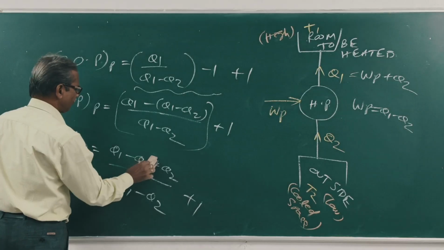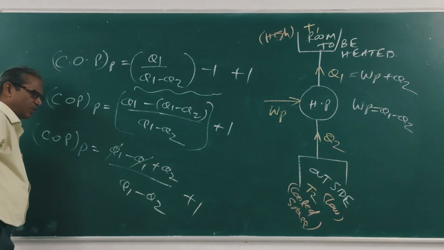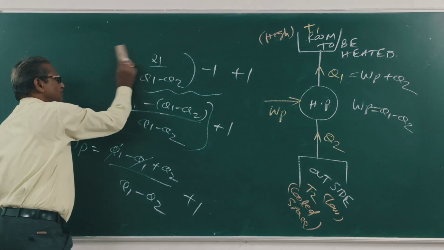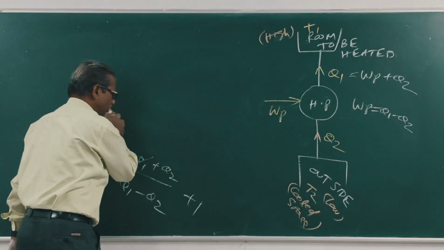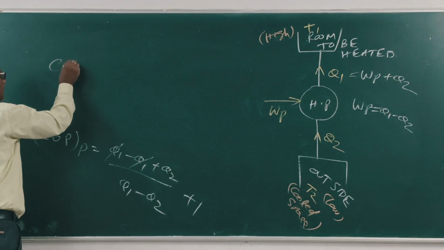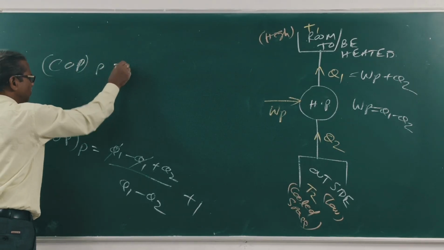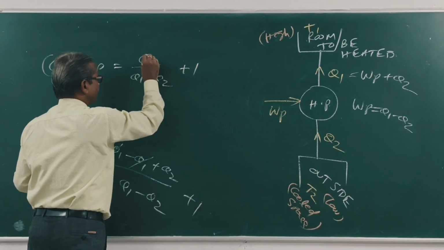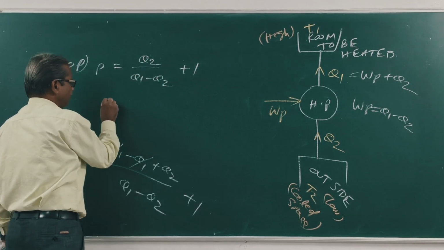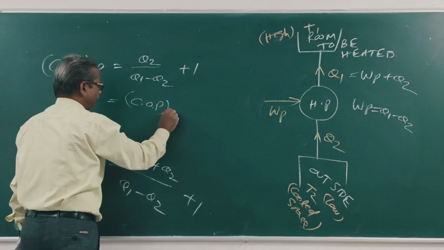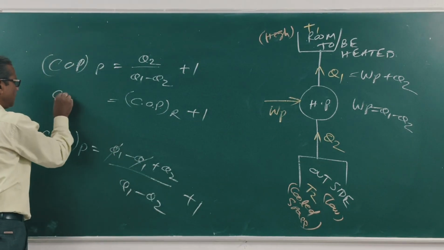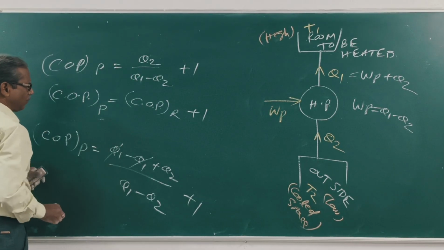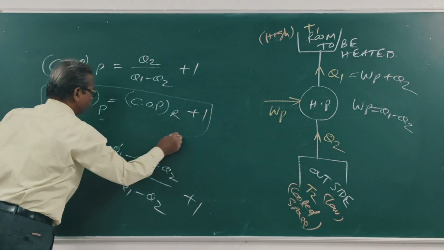Clear? Q1 and Q1 cancel out. Hence, COP of heat pump is equal to Q2 by Q1 minus Q2 plus 1. What is this? COP of refrigerator. This is equal to COPR plus 1. Hence, COP of heat pump is equal to 1 plus COPR.